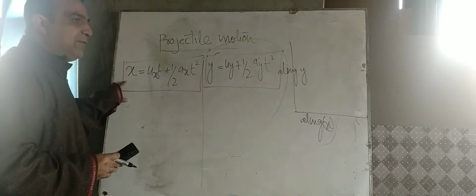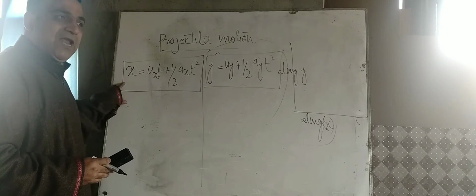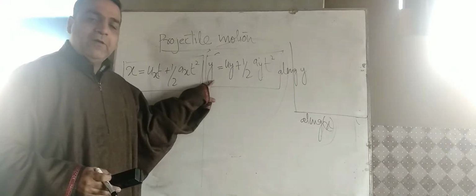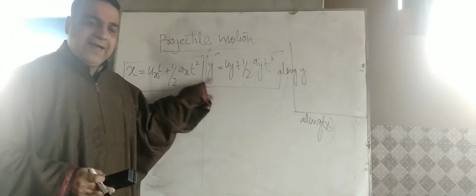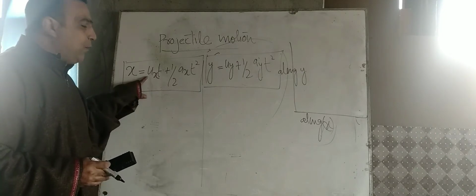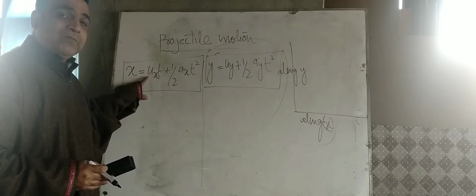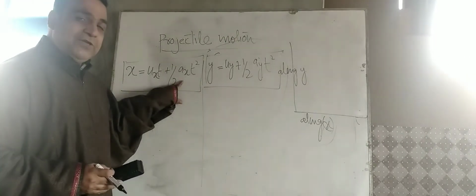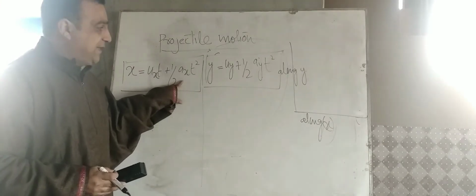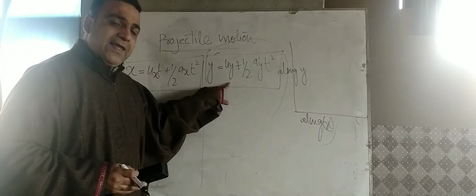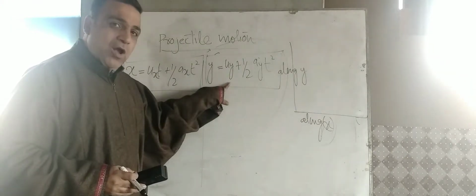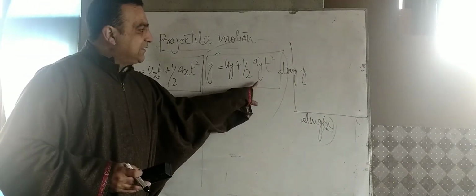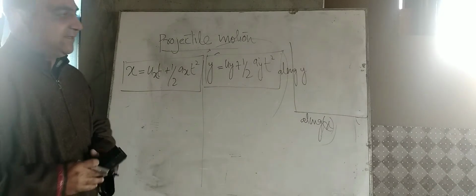But this equation is giving me the measurement of displacement along the x-axis, and this equation is giving me the measurement of displacement along the y-axis. Similarly, ux is the initial velocity along the x-axis, ax is the acceleration along the x-axis, uy is the initial velocity along the y-axis, and ay is the acceleration along the y-axis.